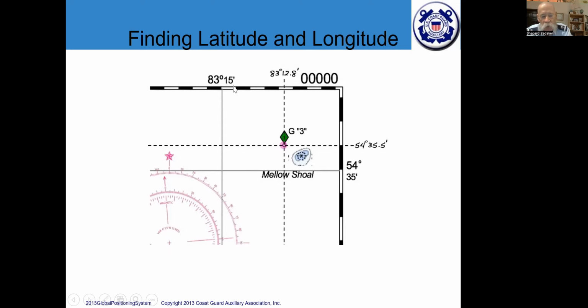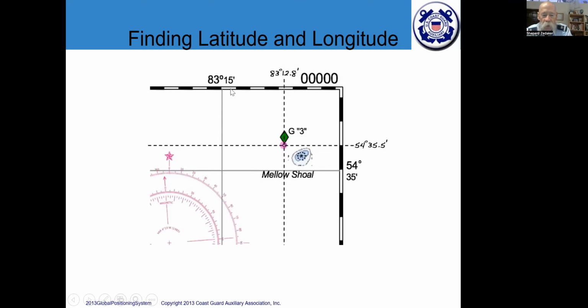You have to pay attention to whether the scale is going up or down in a particular region. In the northwest quadrant that Dane explained, it always goes in the same direction, so we don't have to worry too much about it once we've recognized what it's doing. So this is 83 degrees and 15 minutes on our longitude scale, okay? And so it must be decreasing as we go this way.